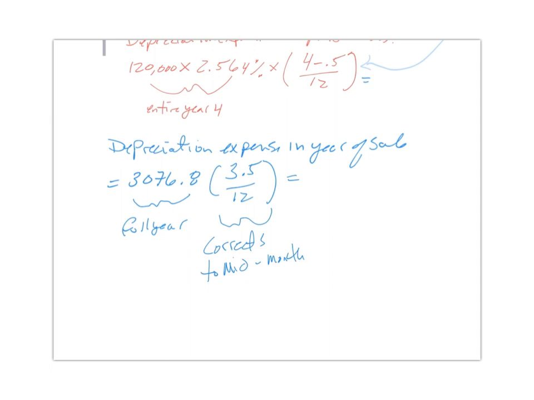I thought I'd stop my recording while I was doing the math, but I hadn't. That's okay. So that then corrects to $897.40. So this right here is our year 4 depreciation expense. That is real property depreciation, and we will do some examples via Zoom in class. All right, take care, y'all.